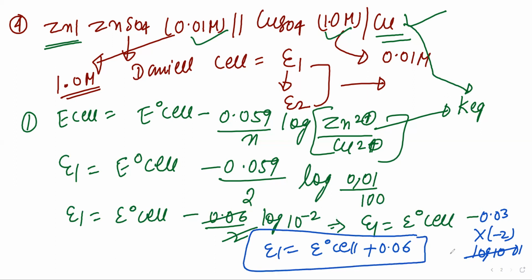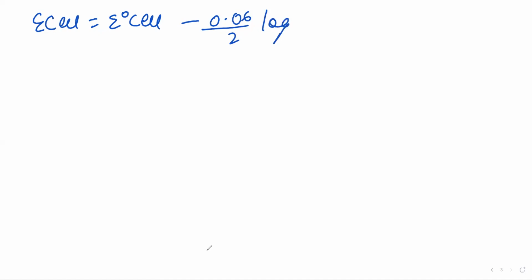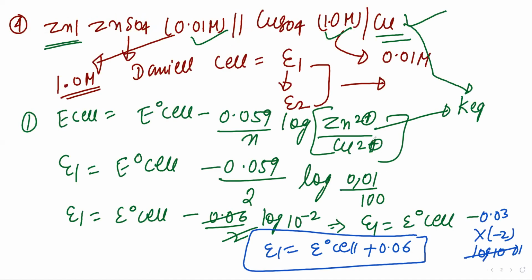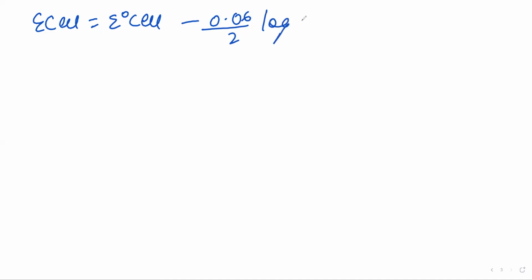Now solve for second E2 by using the same formula. So E of cell is equal to E naught of cell minus 0.06 by 2 log of concentration. So see here. Zn2 plus concentration in the second case is 1 divided by 0.01.